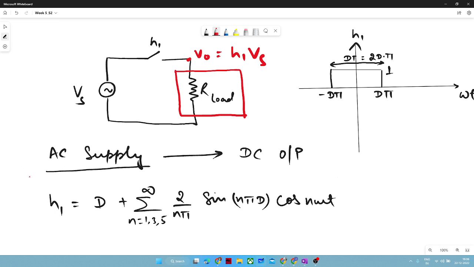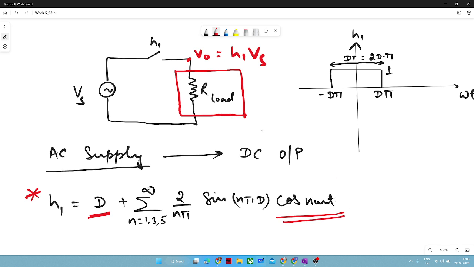Now, from the H1 expression, we can see it has D, which is purely a constant, or you can say a DC component, as well as you have some AC components.